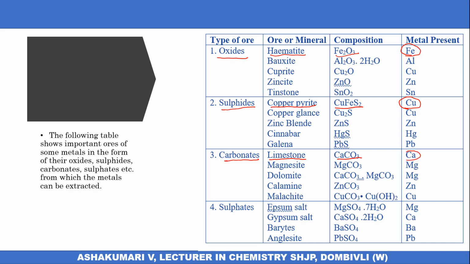We can extract calcium from limestone. Consider sulfate ore. Epsom salt is a sulfate ore. Its composition is MgSO4·7H2O. We can extract magnesium from Epsom salt.